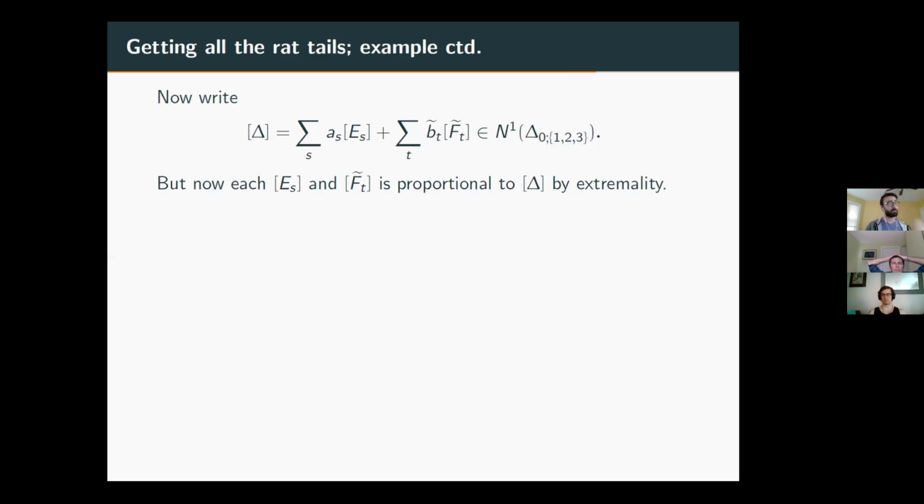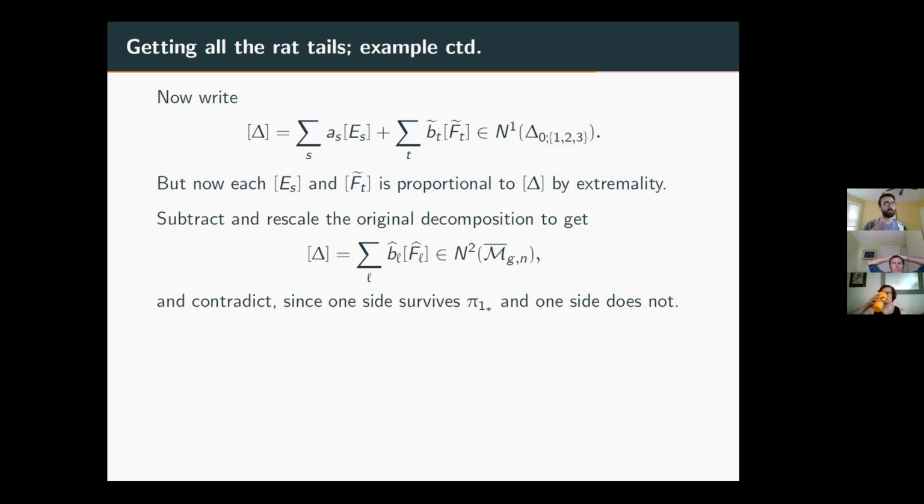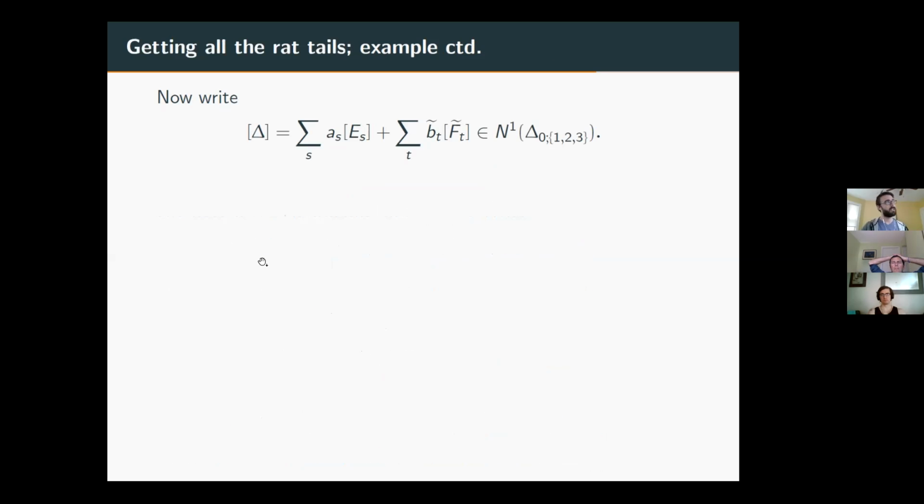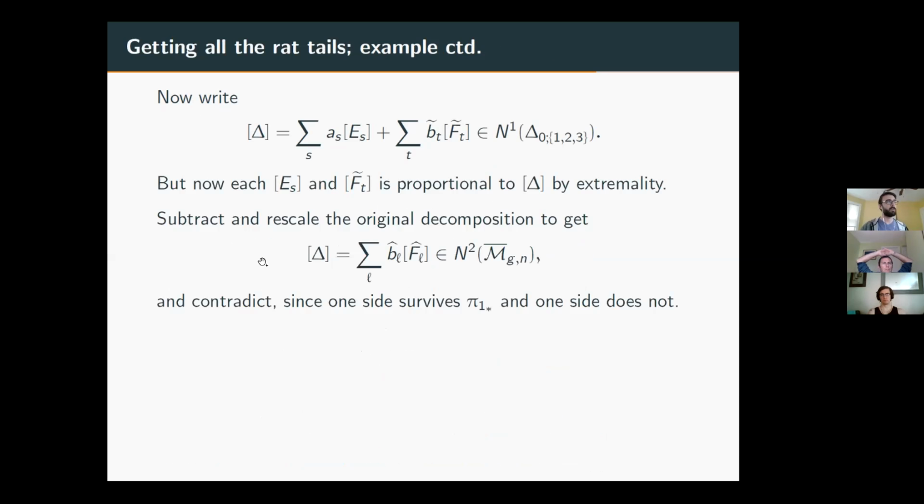Okay, so all of these are proportional, and so let's subtract and rescale. From my original class, I'm going to subtract all the E's over because they're just copies of delta. I'm going to subtract some of the F's over because they're copies of delta. And after rescaling, delta is equal to some of the F's.